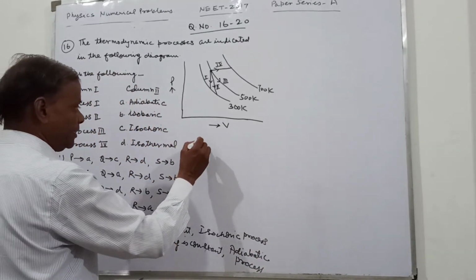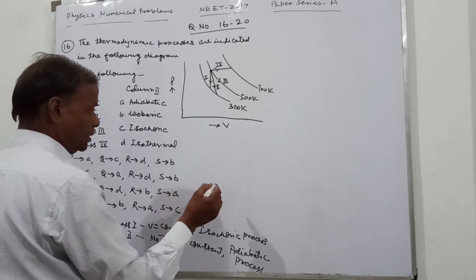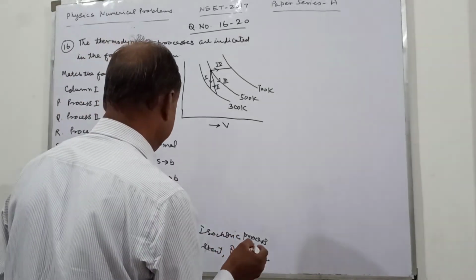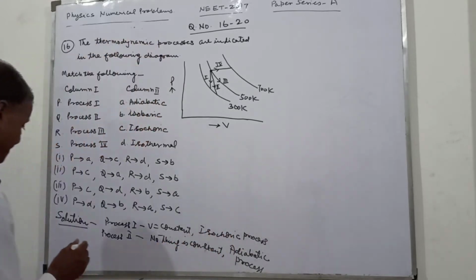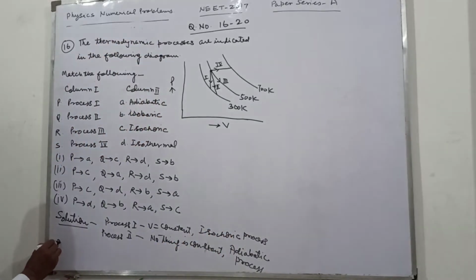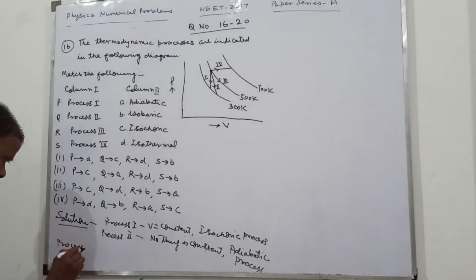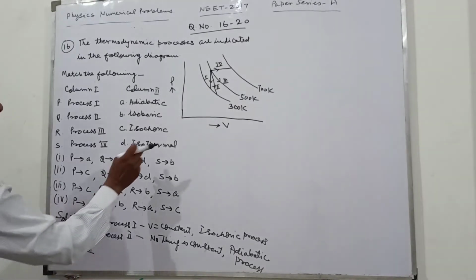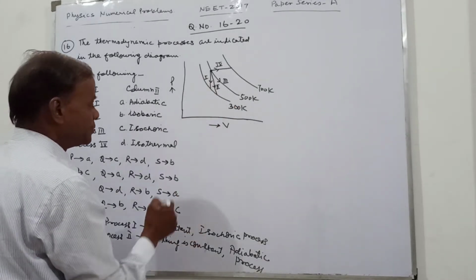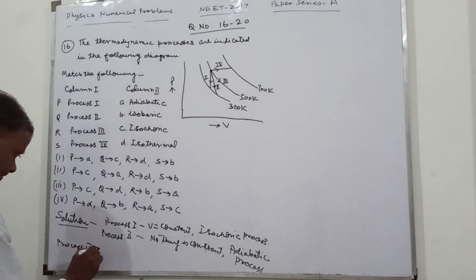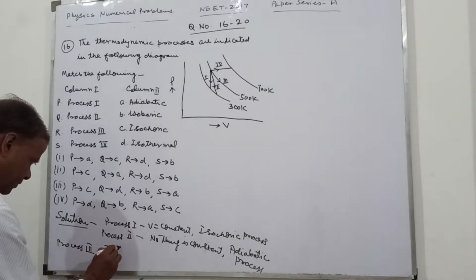And now process third. In third, this is going at a temperature of 500 K. So the temperature is constant, T equal to constant.